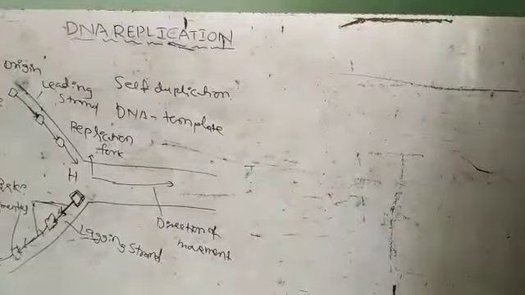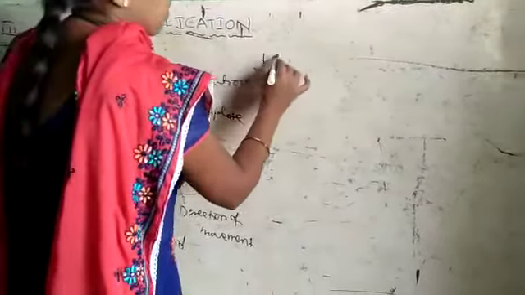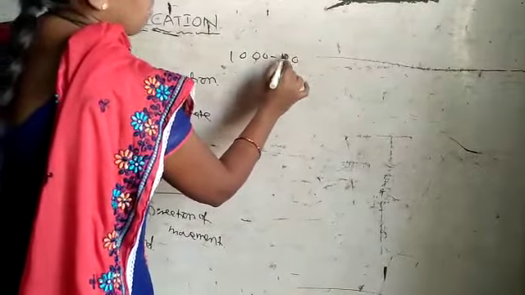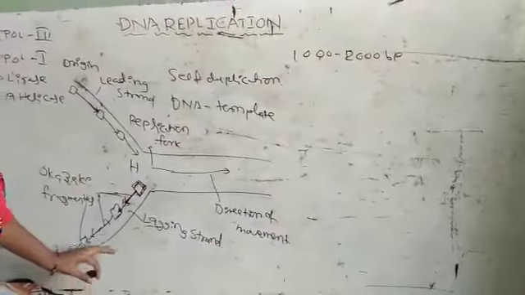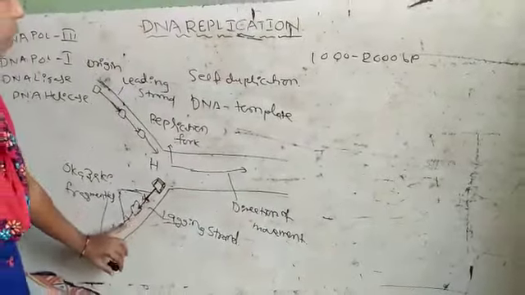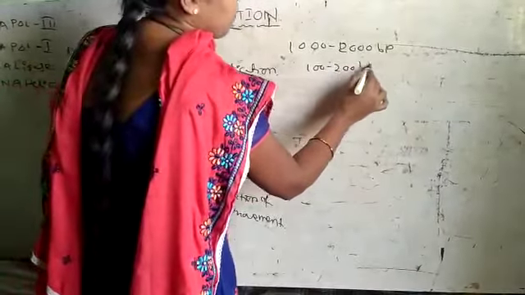The Okazaki fragment length in prokaryotes is 1000 to 2000 base pairs, whereas in eukaryotes the Okazaki fragment length is 100 to 200 base pairs.